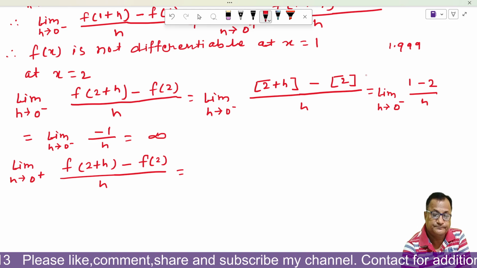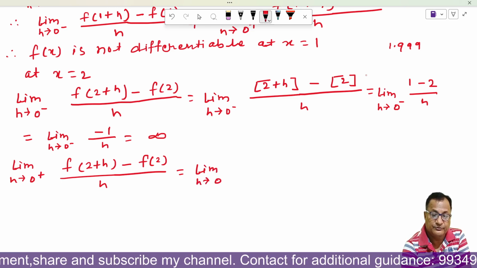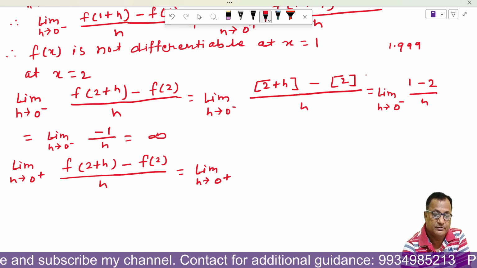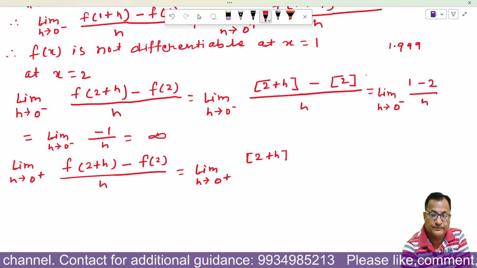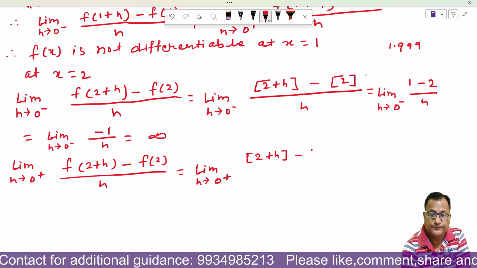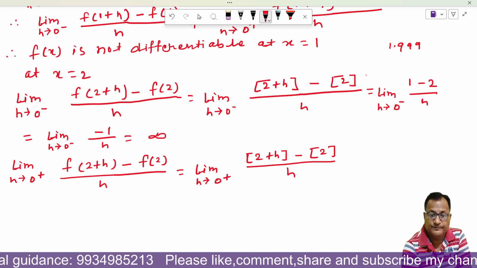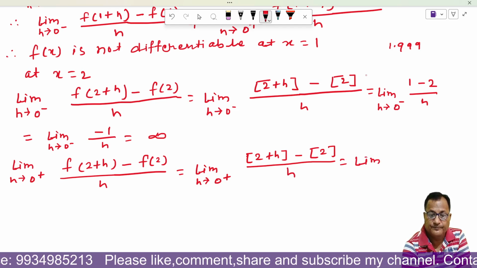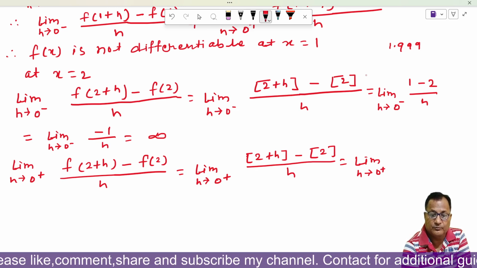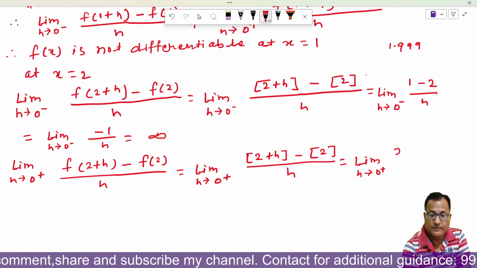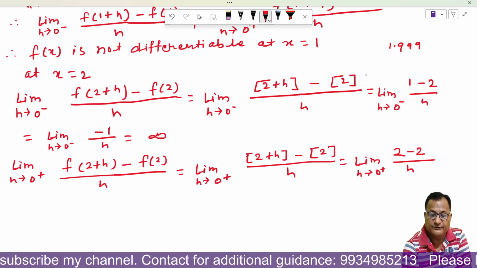So here, 2 + h is greater than 2, so its value will be 2, and minus 2 divided by h.